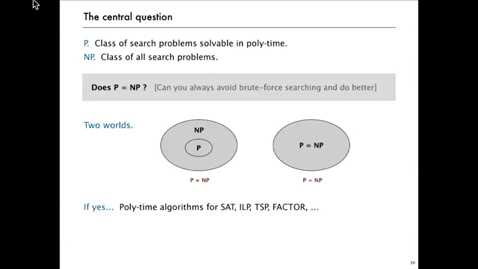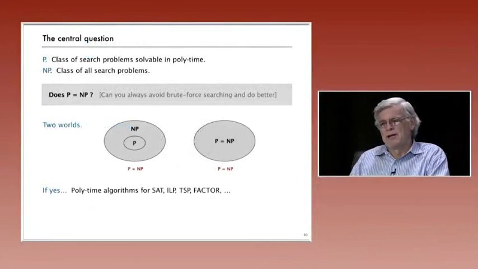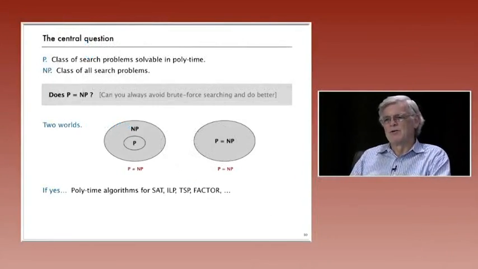If the answer to the question is yes, that P equals NP, then all the problems that I've mentioned that nobody knows the solution to, despite people working on them for many decades, there are polynomial time algorithms for those out there. We just haven't found them yet.